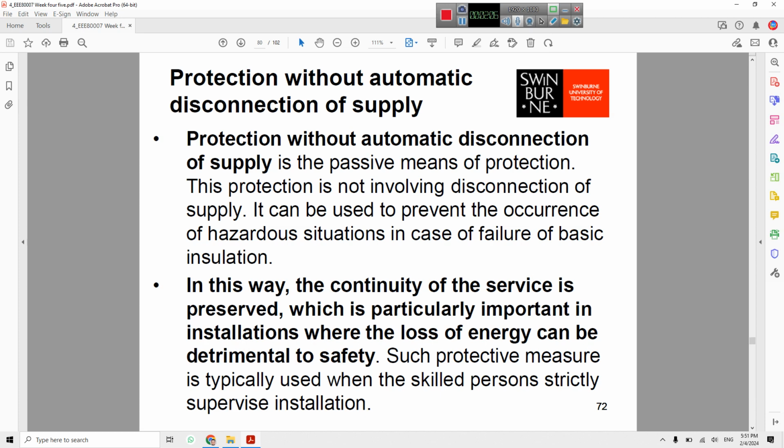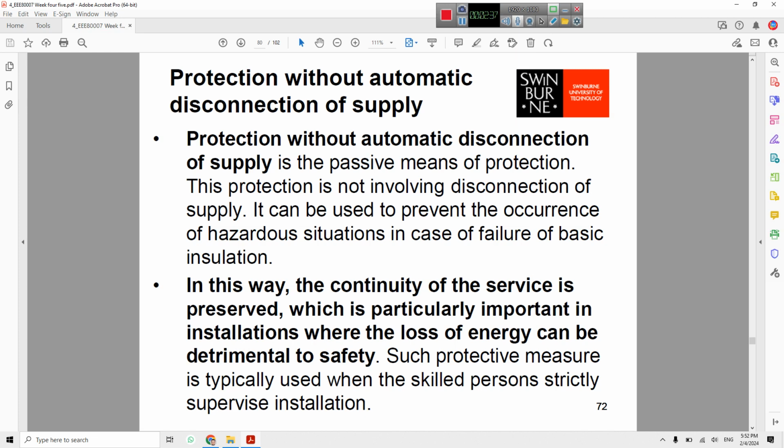Protection without automatic disconnection of supply is a passive means of protection. This protection does not involve disconnection of supply. It can be used to prevent the occurrence of a hazardous situation in case of failure of basic insulation. Sometimes I mentioned this, when I talked about the auto-recloser. If you can remember the auto-recloser operation, somehow we can see this here.